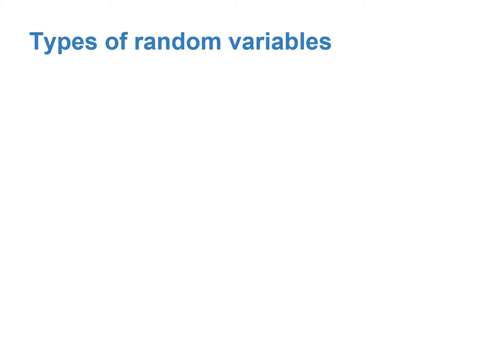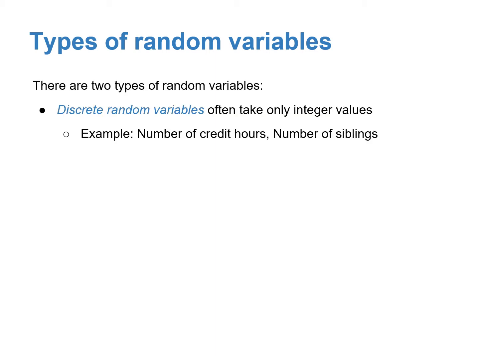Now there are 2 main types of random variables. Discrete random variables are ones that take only integer values. For example, we might have the number of credit hours that a person is taking, or the number of siblings that a person has. Those would be discrete random variables.